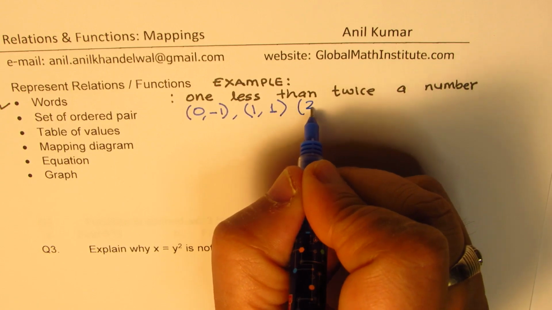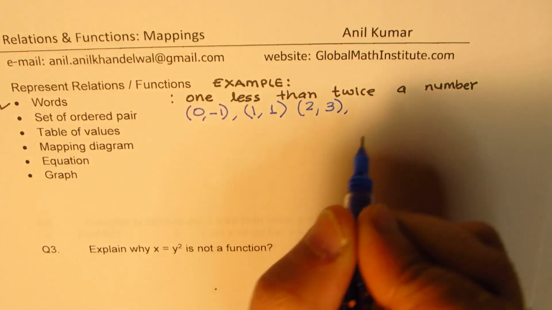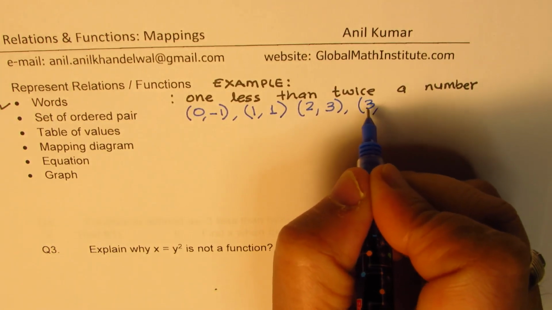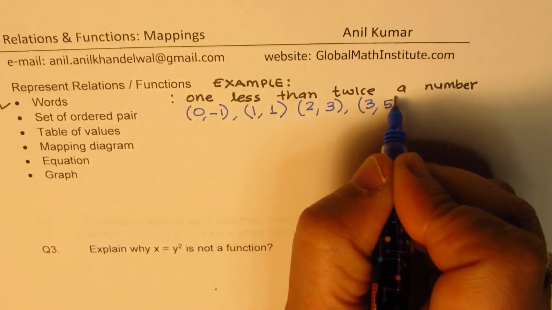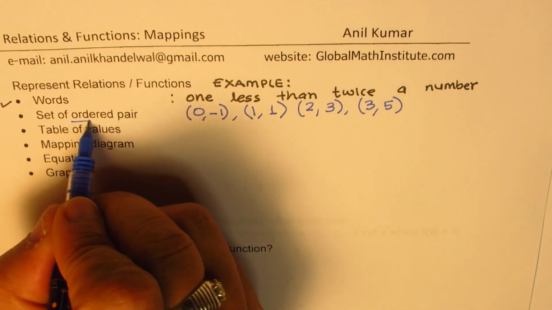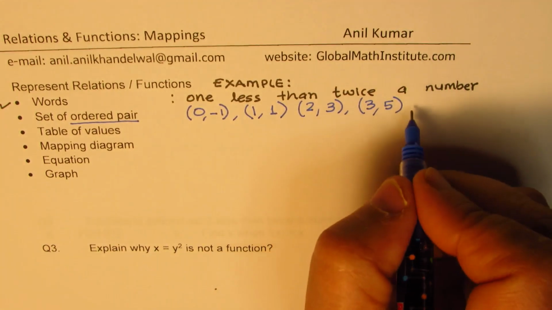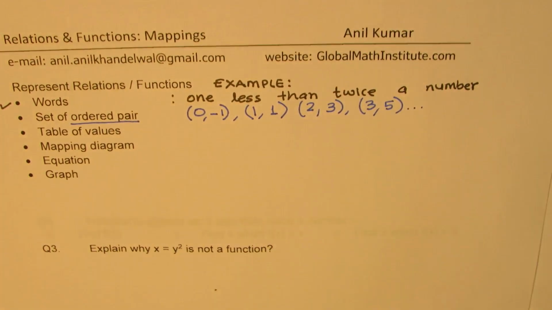If I have the number 2, twice 2 is 4, 1 less is 3. If I have number 3, twice 3 is 6, 1 less is 5. So these are the ordered pairs. Do you see that? Which represent this kind of a relation. We could have many of these, right?